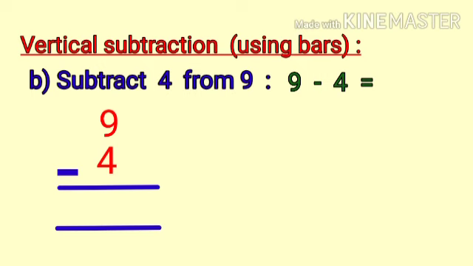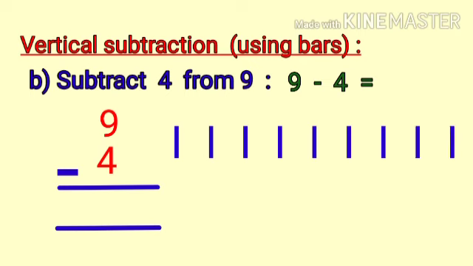Then, we have to take 9 bars to represent the bigger number 9. Next, we have to cross out 4 bars to represent the smaller number 4.